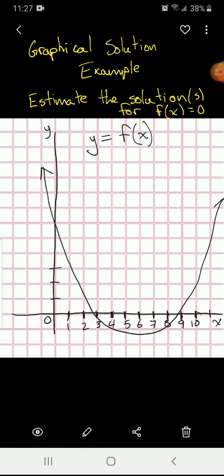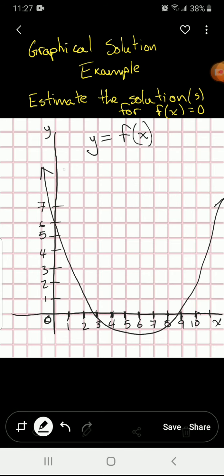If you watched the previous video, when we're looking at 0, we're looking at 0 on the y-axis. So 0 on the y-axis is really this line here. It's really just the x-axis. I know it sounds confusing.